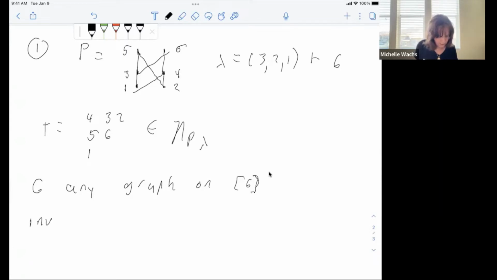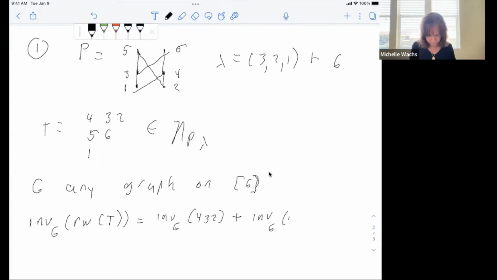And if we look at the number of G inversions of the row word of T, what we need to do is just take the G inversions of each row, whatever G is. And then we have to include the inversions that go across the rows because we're looking at the row word.